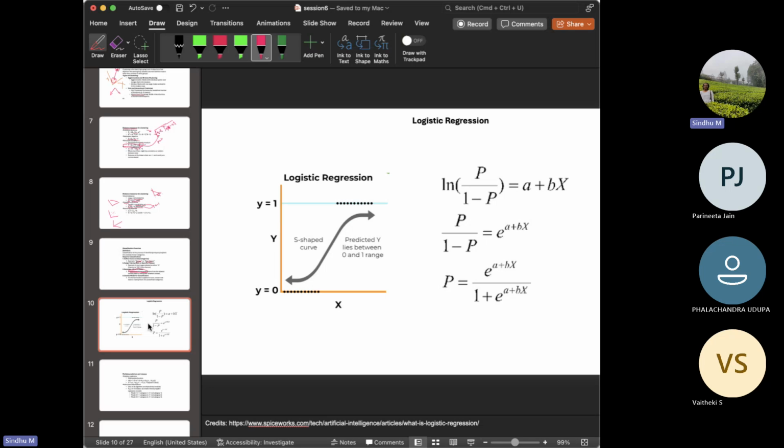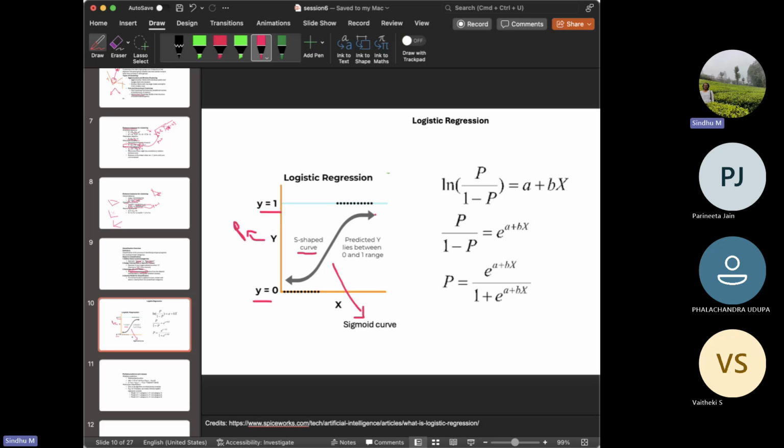The main thing you have to remember is that the curve will be in the shape of an S. This is called a sigmoid curve. Sigmoid, S-I-G-M-O-I-D. The y-axis is actually a probability, so since it is a probability function, it will range from 0 to 1.